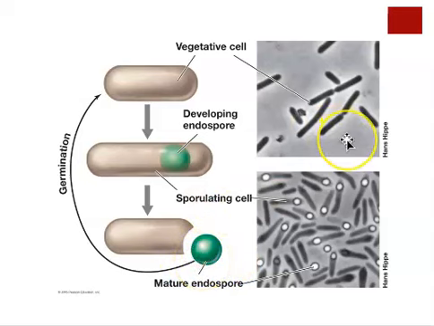So on the right-hand side of this slide, up at the top, we can see some bacterial cells in culture, rod-shaped cells again. Now we're going to stress these cells. We're going to take away a lot of the water, or we're going to take away a lot of the nutrients, and this starts to happen. Now, you can see that a lot of these cells have started to sporulate. I know that because there are these circular structures inside some of these cells. And this is what I mean when I say you can see these under the microscope.